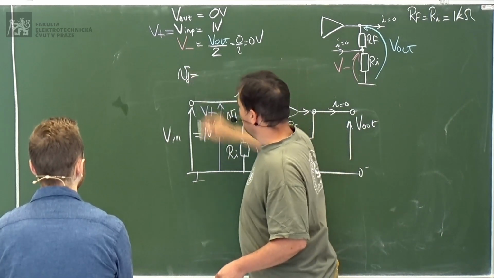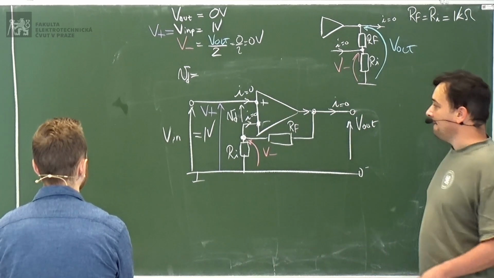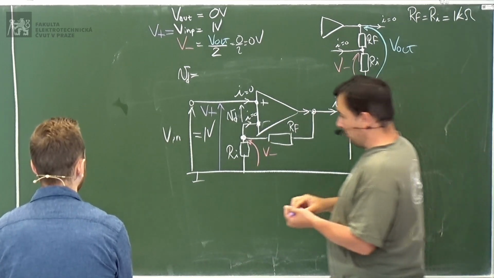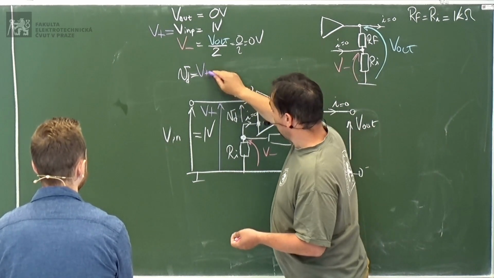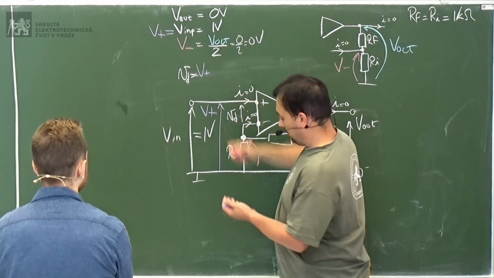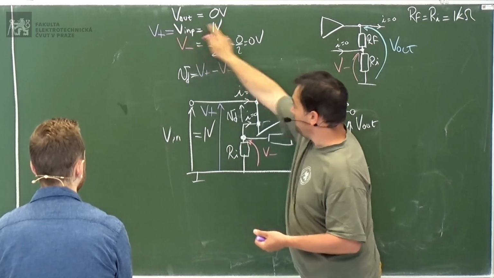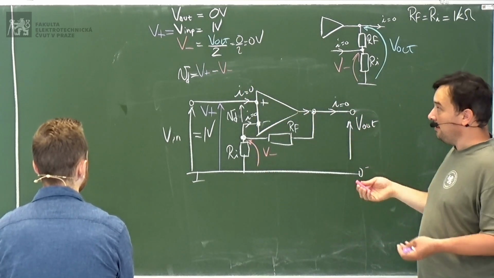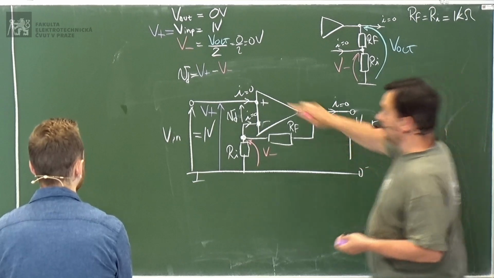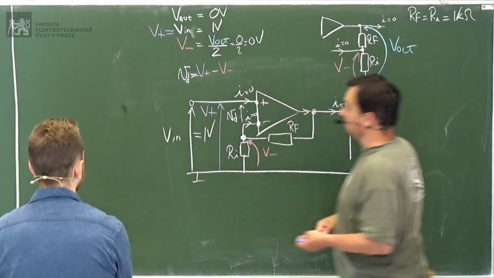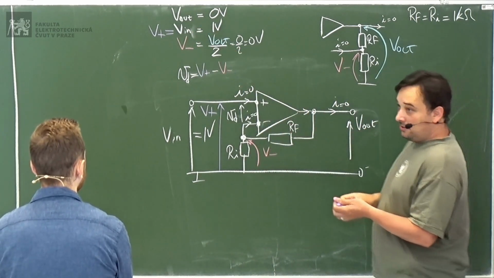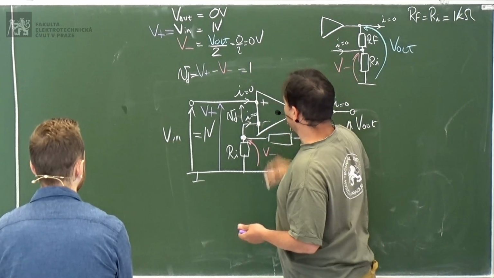So VD would be V in minus V minus. So we have V plus minus V minus, where V plus is V in, the input voltage. So 1 minus 0, which is 1, okay?